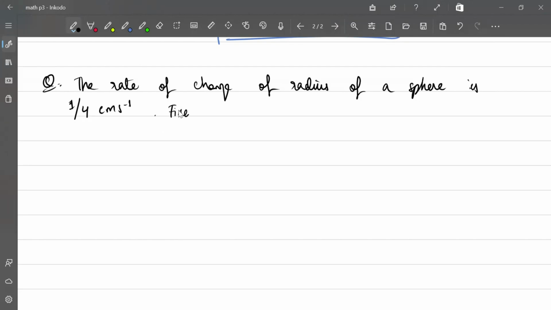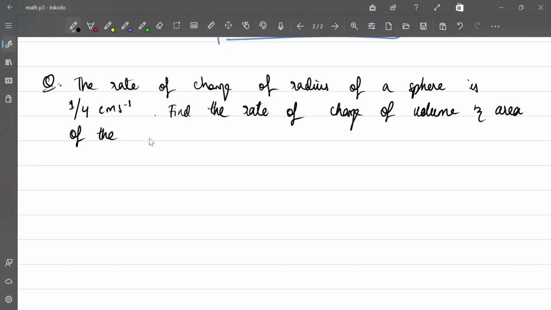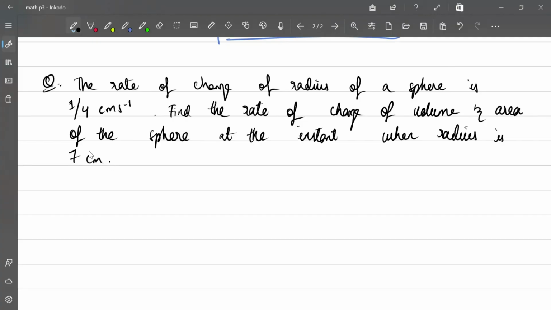Find the rate of change of volume and area of the sphere at the instant when radius is 7 centimeter.